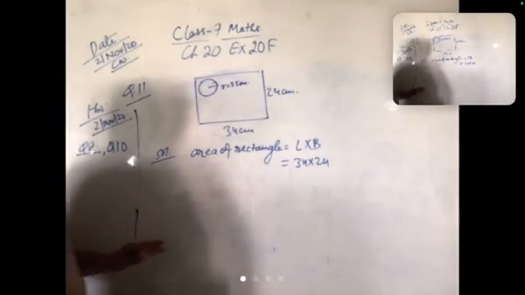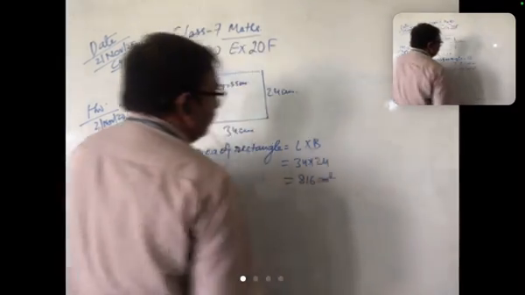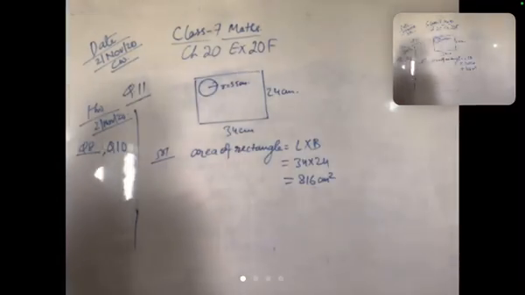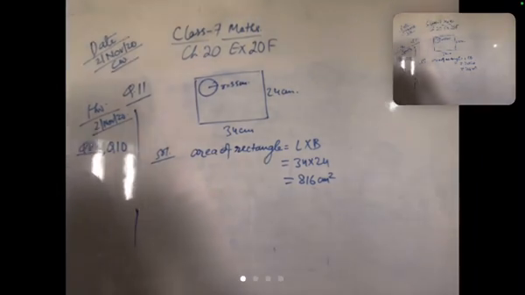So the answer is 816. Yes, 816 centimeter square. Now we have to find the area of a small button.